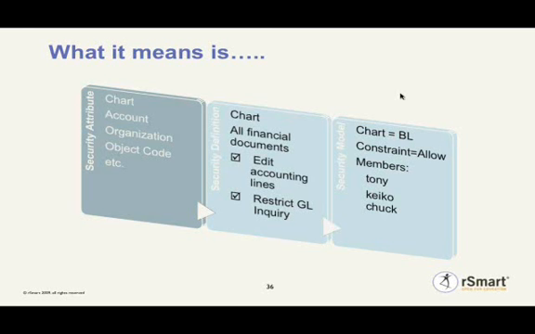We want to restrict the edit accounting lines, restrict GL inquiry, and so forth. And the security model says, now we know what we're going to implement, how are we going to do that? We're going to say chart equals Bloomington, constraints should be allowed, and members are Tony, Cake, or Chuck. So now we said how and who.